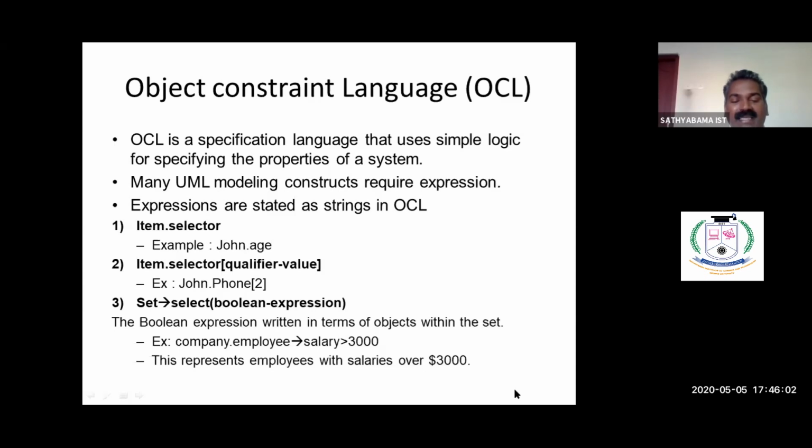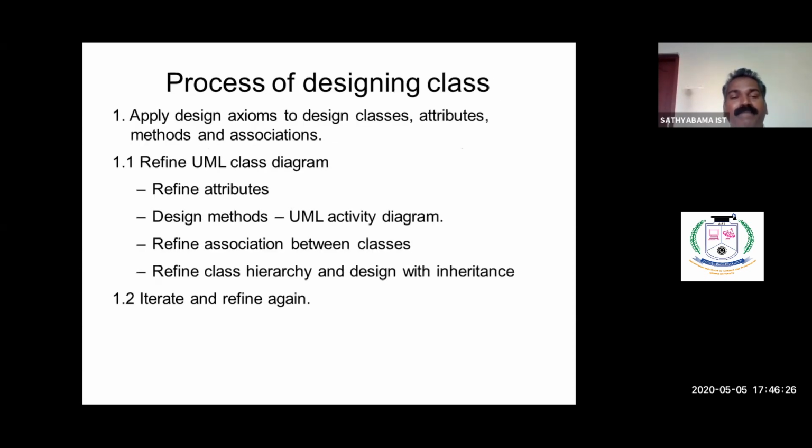The constraint given is salary greater than 3,000, which will be selected from the particular object. So this is the representation we can use with the Object Constraint Language in our design process. We can use OCL for defining attribute types and values in this way.